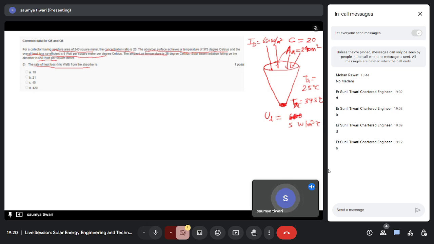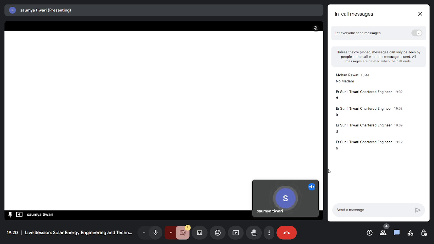Now we have been asked the rate of heat loss in kilowatt, and the rate of useful heat gain. So Q has been asked in kilowatt. So let's see how to solve this question. Again writing the values that we have seen.